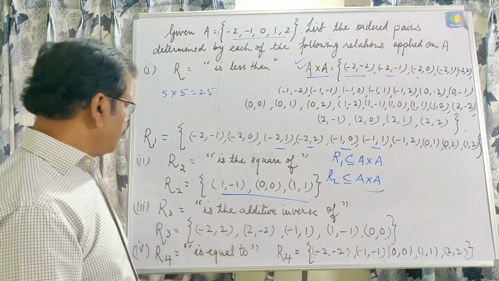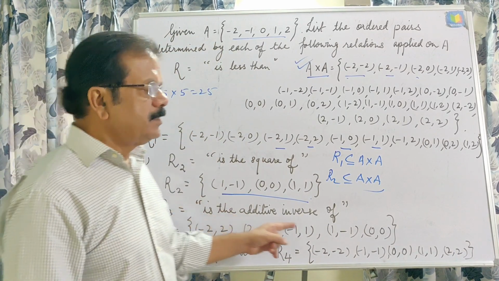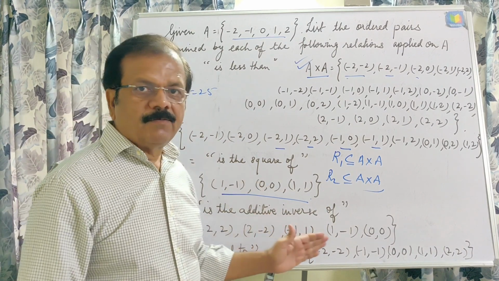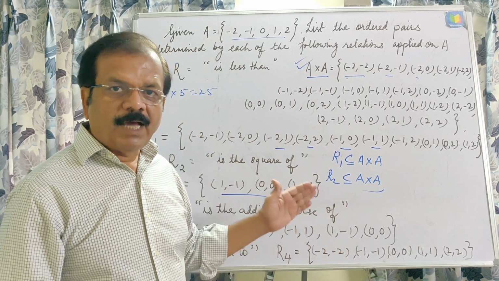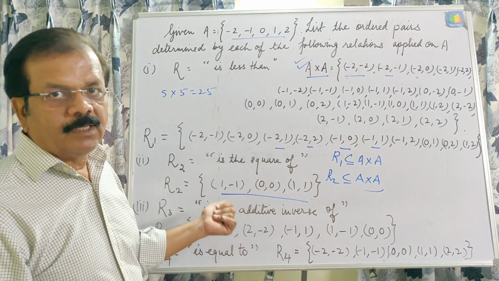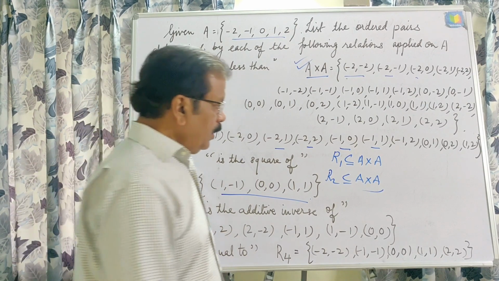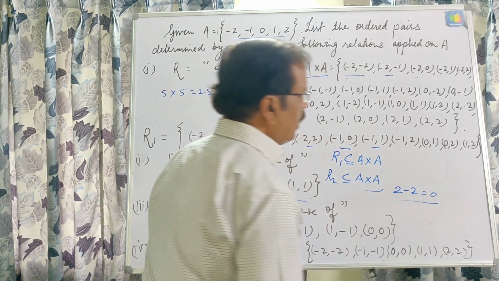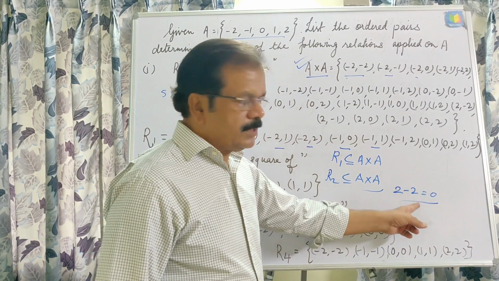This way the third question, that is the additive inverse. We know that the additive inverse is that number which, if we add it to the given number, the summation should be 0. That is, the additive inverse of 2 should be -2, of 3 should be -3.